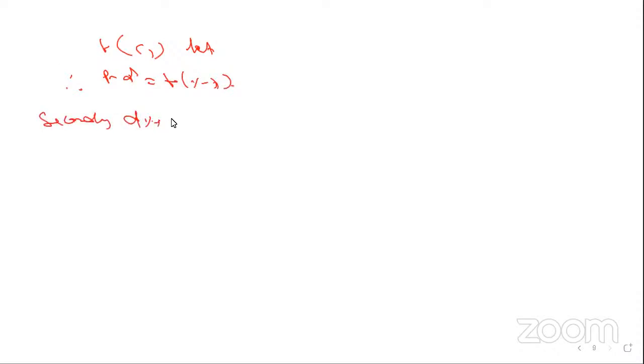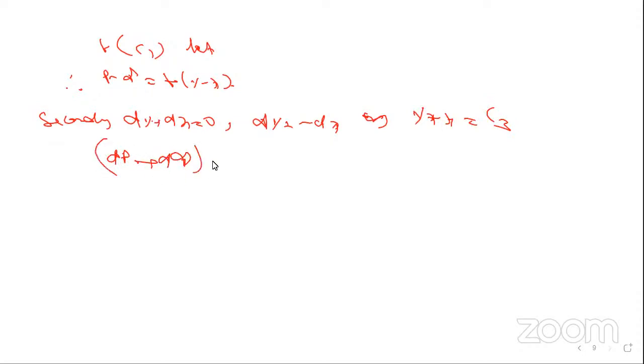Secondly, dy plus dx equal to 0, that means dy equal to minus dx, or y plus x equal to c3, so dp plus dq dx equal to 0, so that p plus q equal to g of c3.